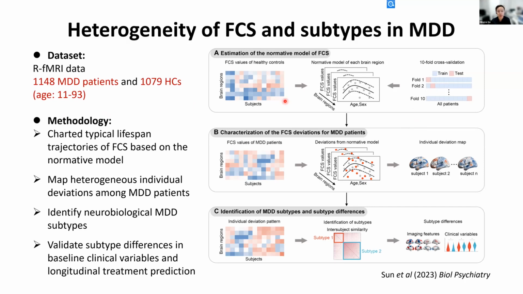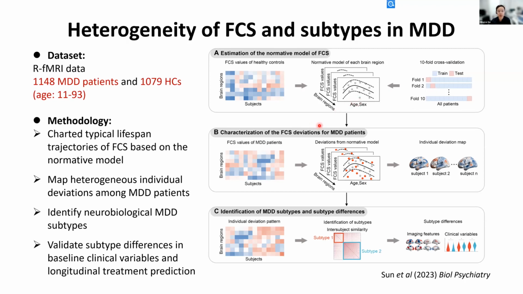This model can delineate the normative percentile charts for each brain region, which is similar to the height and weight charts for children. So for a given participant, we can estimate the deviation of the FCS of each brain region from the normative trajectory at any stage of life.